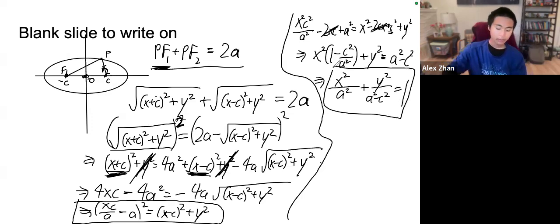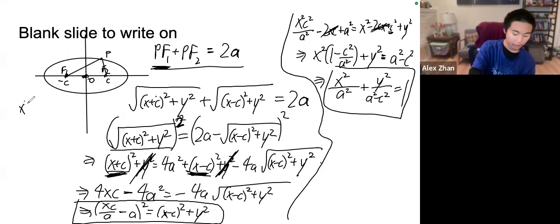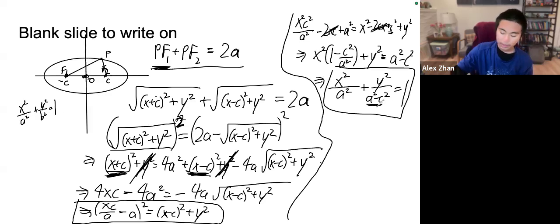Do you still remember initially what we said the formula of an ellipse was? Initially we said it's x squared over a squared plus y squared over b squared equals 1, right? So we set b squared equal to a squared minus c squared.